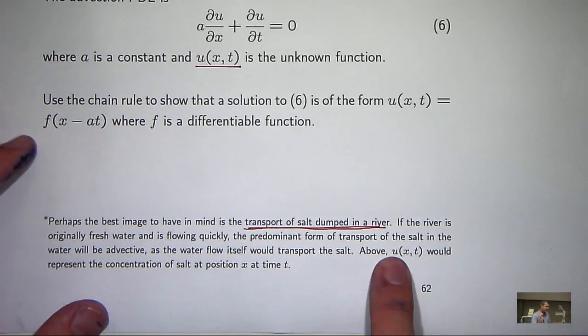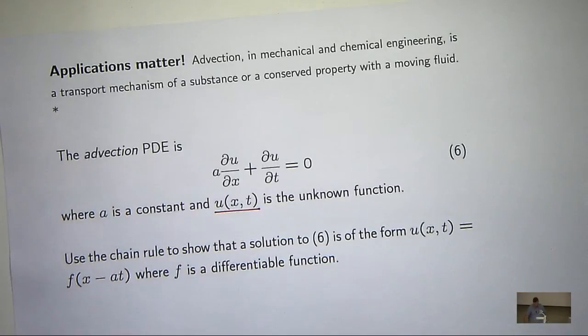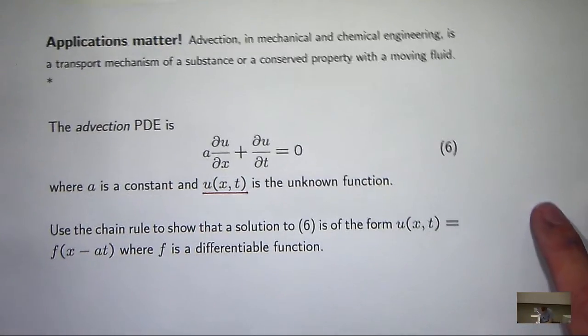So you can think of u as representing the concentration of salt in a river at time t at position x. So x would represent position, or how far you go down the river. Okay, so let's solve this and use our chain rule somehow.